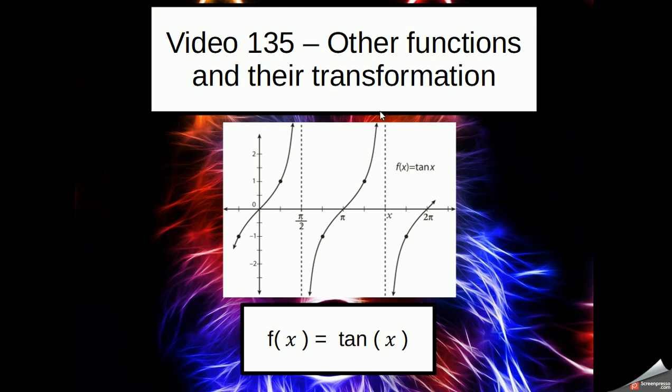So if it's got this strange S shape passing through pi, 2 pi, 3 pi, 0, and then not quite reaching pi over 2 or 3 pi over 2, that means it's the tan x graph. A lot of these, you just have to be able to recognize them rather than any complicated function with them. You certainly don't have to do any transformations with tan x.